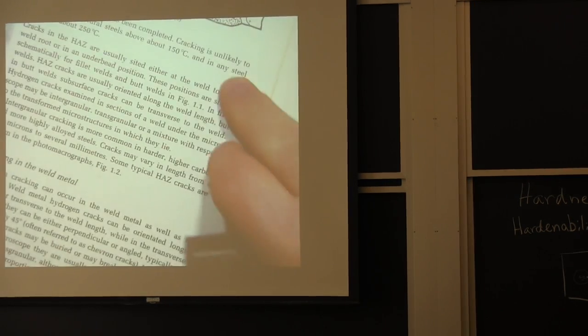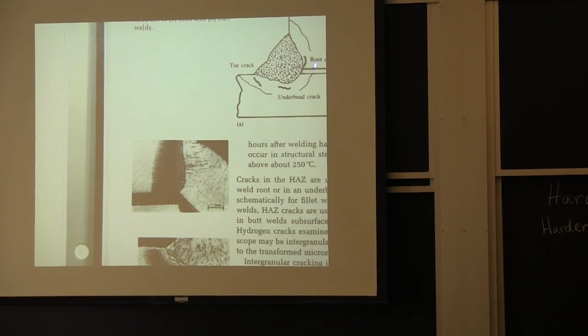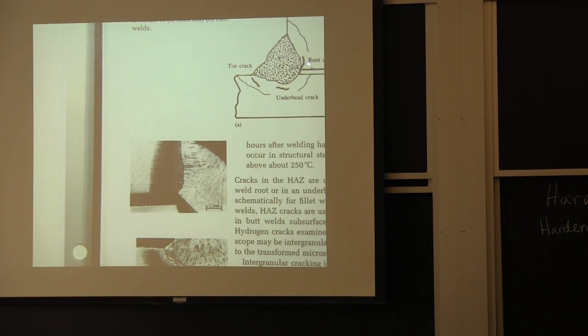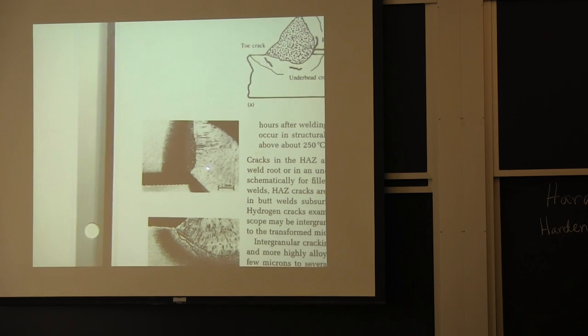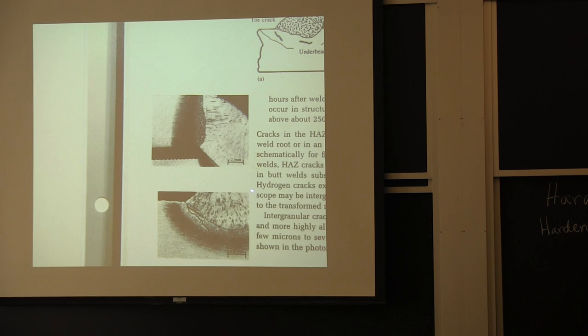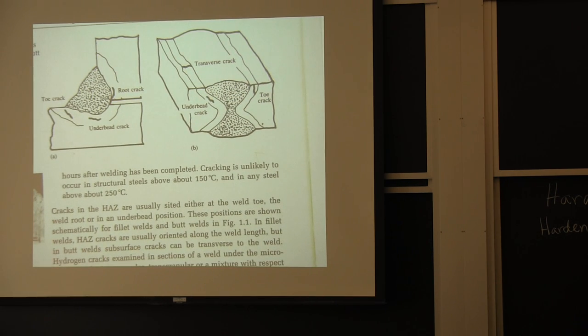This is a typical diagram of weld cracking: toe cracks, root cracks, underbead cracks. These are all hydrogen cracks that form during welding, but not right away. We often call this delayed cracking. It's hydrogen cracking. It's also called delayed cracking.